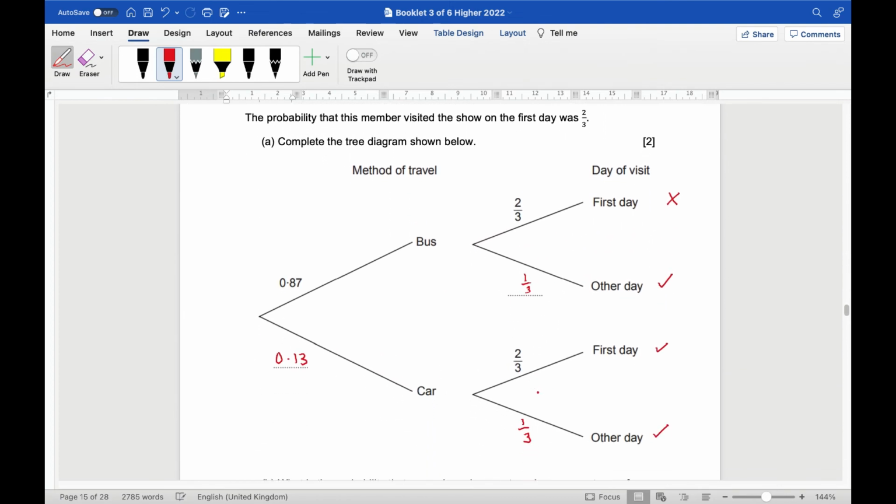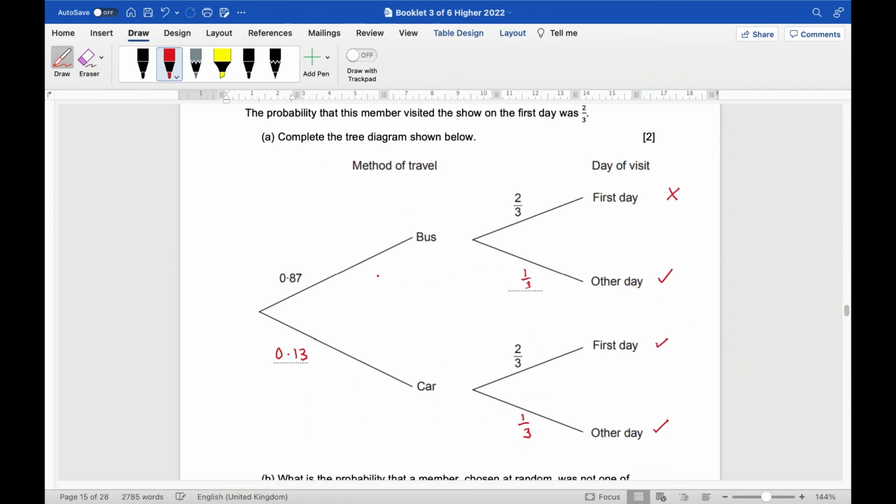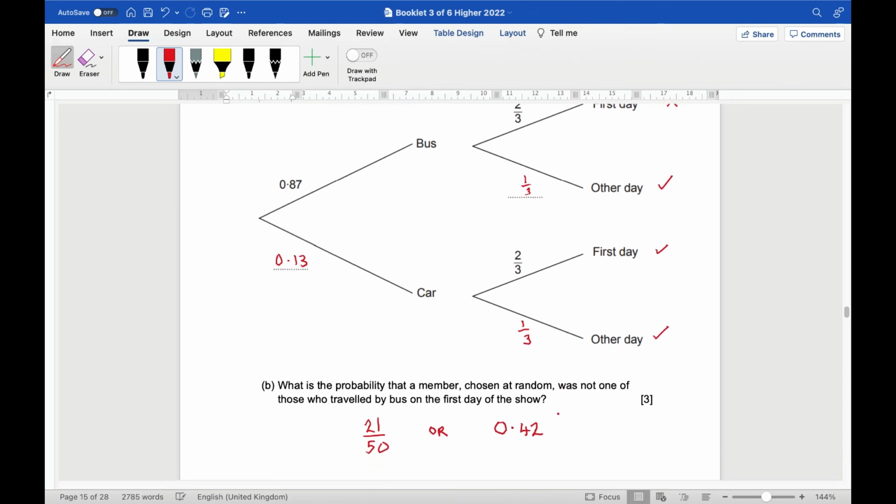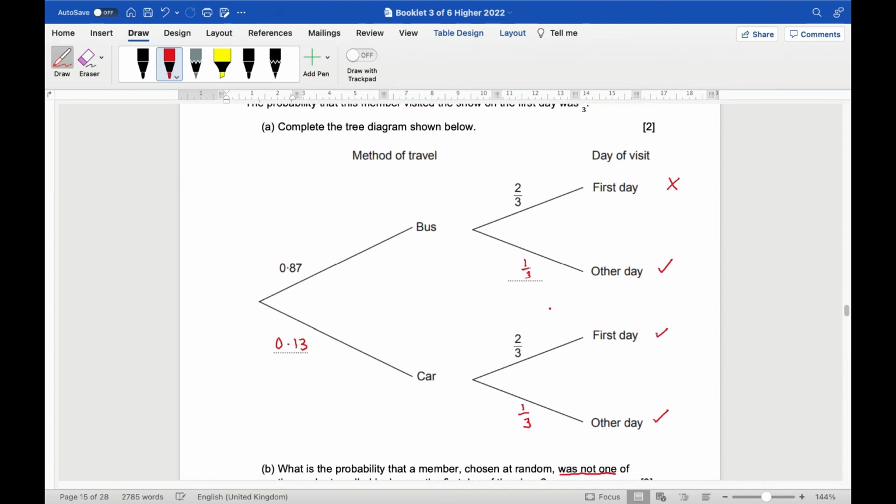Okay, a bit of a mishmash here because we've got the first event, method of travel, with probabilities as decimals and the second event with probabilities as fractions. But again, every branch adds up to 1. And again, I didn't like the wording, okay? What's the probability that the person was not one of those who travelled by bus on the first day of the show? Right?